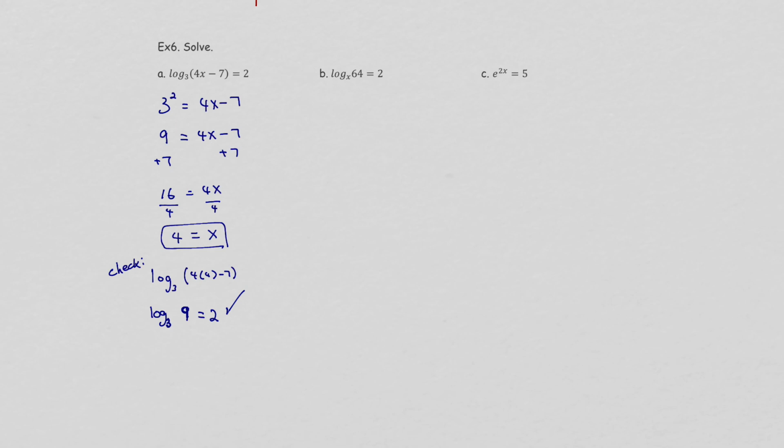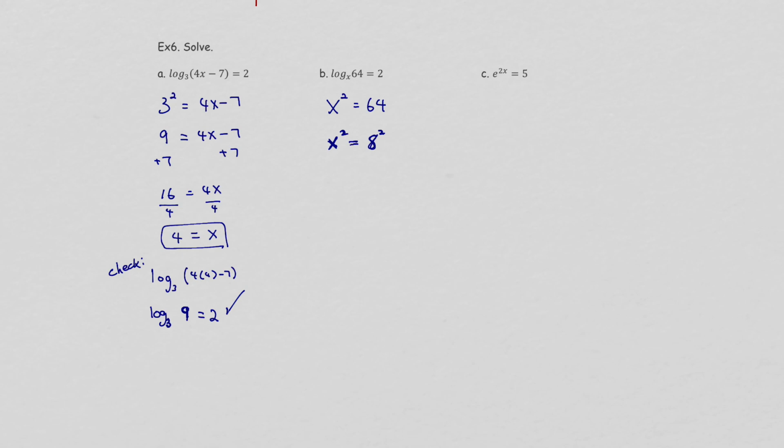Let's try this one by converting into exponential. x squared equals 64. Once you convert it into exponential, you realize this is going to be the same as 8 squared, since 64 is 8 squared. So since you have squared and squared, the x right here should be 8, right?